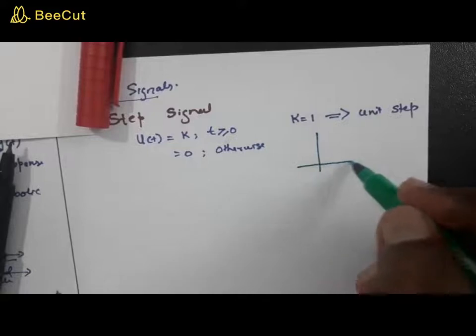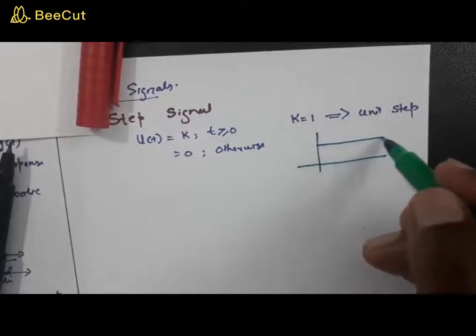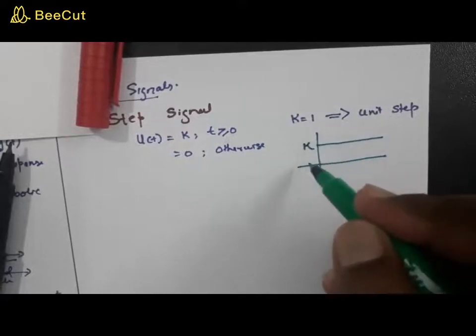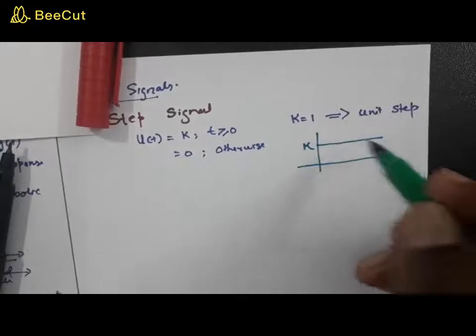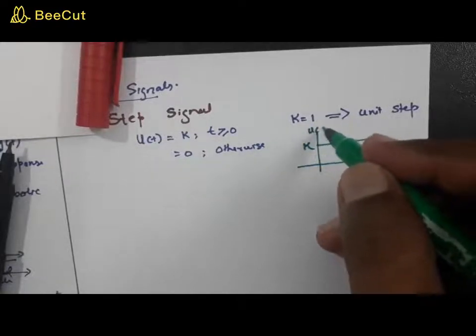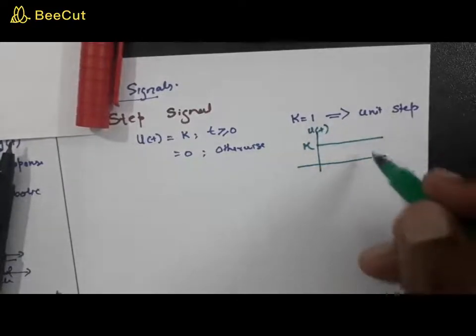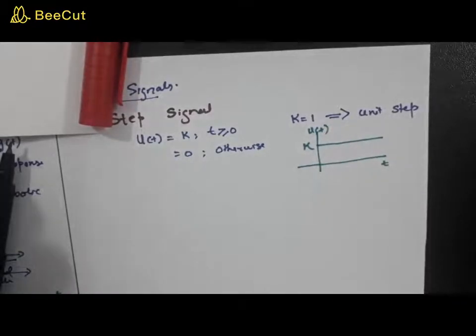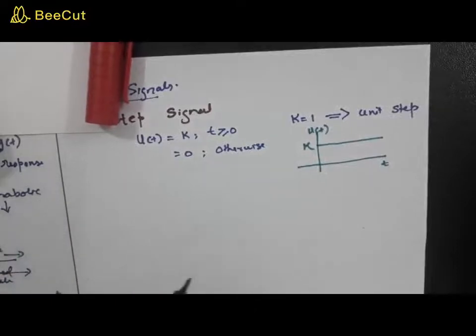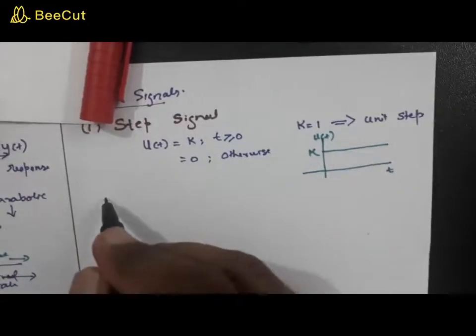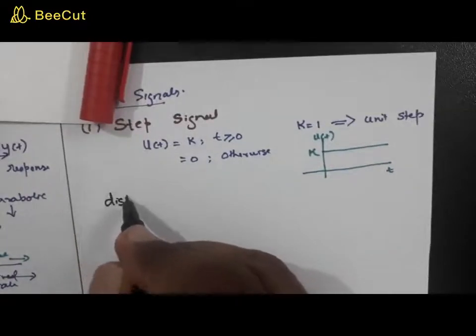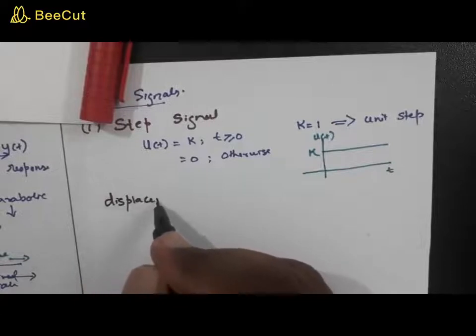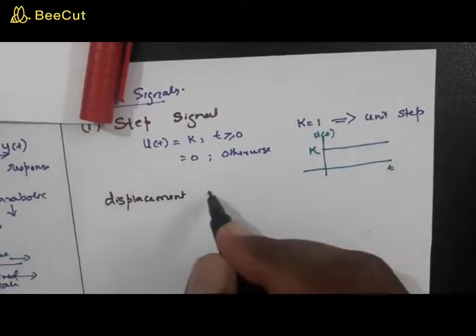It is a constant function throughout the time axis. This is time, and this is your u of t. So this is your step signal. When k is equal to 1, it's called a unit step signal, and it is also called a displacement signal.